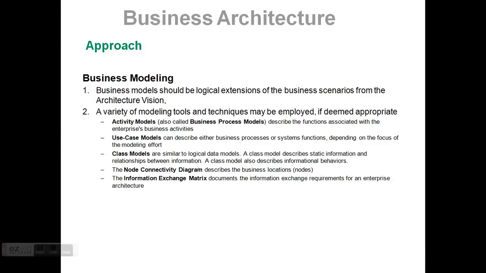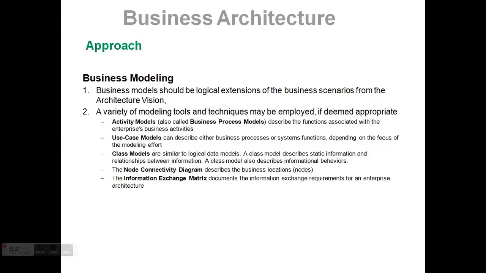We can also use things such as the information exchange matrix that documents the information exchange requirements for an enterprise architecture. These information exchange requirements express the relationships across three basic entities: activities, business nodes and their elements, and information flow.